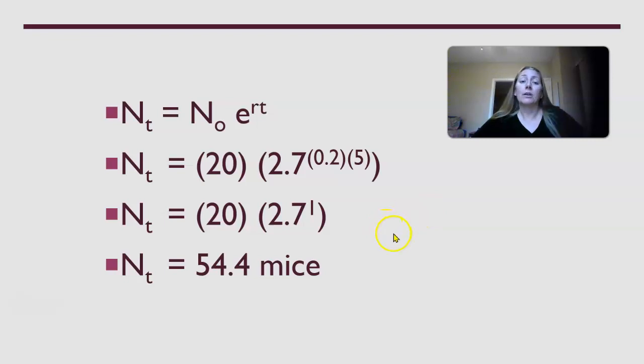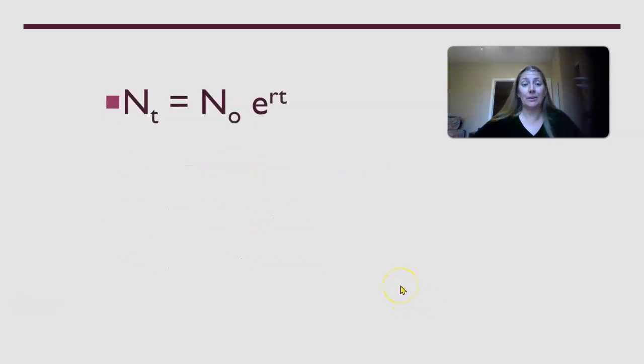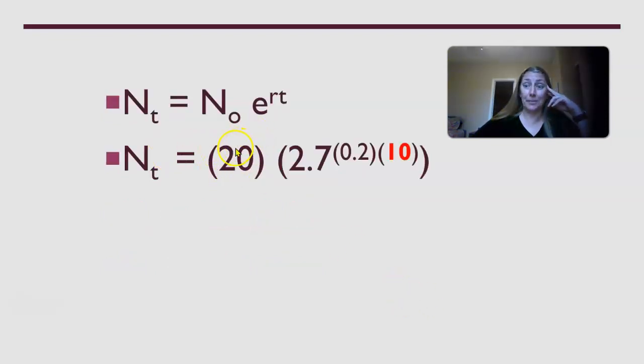So let's say we're continuing with this exponential growth, and we want to know what the population is going to be not in 5 years, but in 10 years. Again, use the same formula. 20 is my original population size, 2.7 is my constant, 0.2 is my growth rate, or R, and we're looking at what's going to happen to the population in 10 years now.